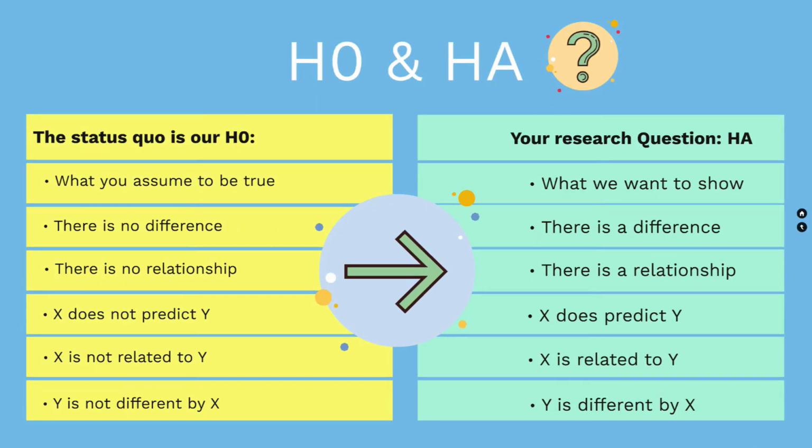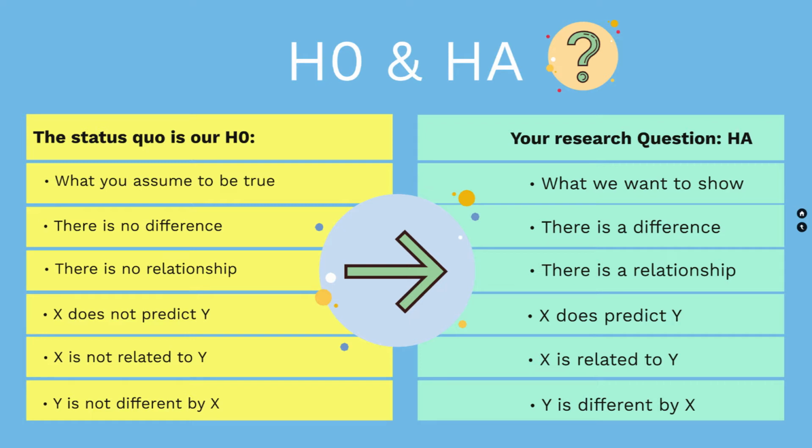So if our null is the status quo, our alternative is our research question. Our null is what we assume to be true. Our alternative is what we're looking to show. Our null is that there is no difference. Our alternative is that there is a difference. Our null is that there's no relationship. Our alternative is that there is a relationship.